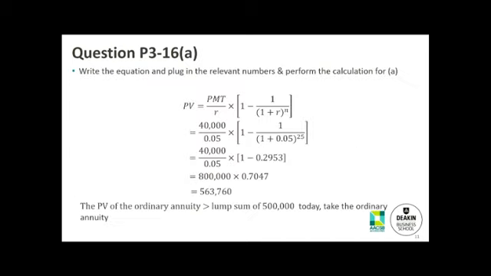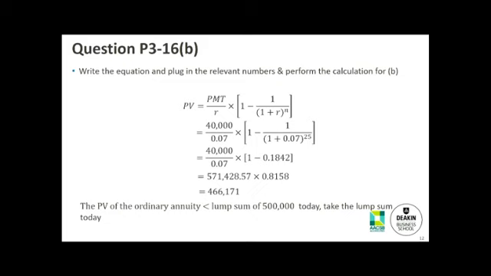We apply the 7% into the equation. As we all know, when interest rate goes up, present value decreases. What's the present value? Present value now will be $466,171, isn't it? Do you agree?